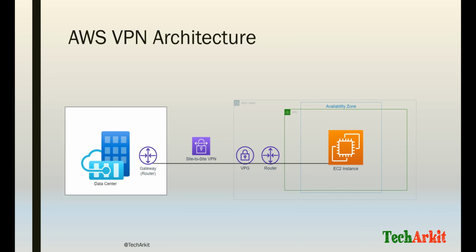So that's how you can do that. Okay, so now this is your architecture. You can see that with the on-premises data center and site-to-site VPN, if you enable it, your hybrid cloud environment would be extended to the cloud from your on-premises data center.